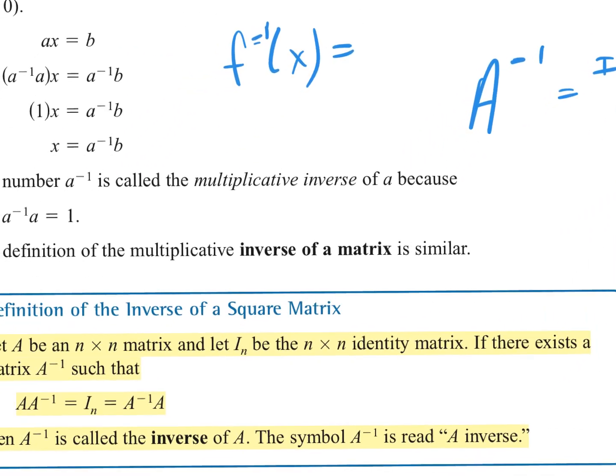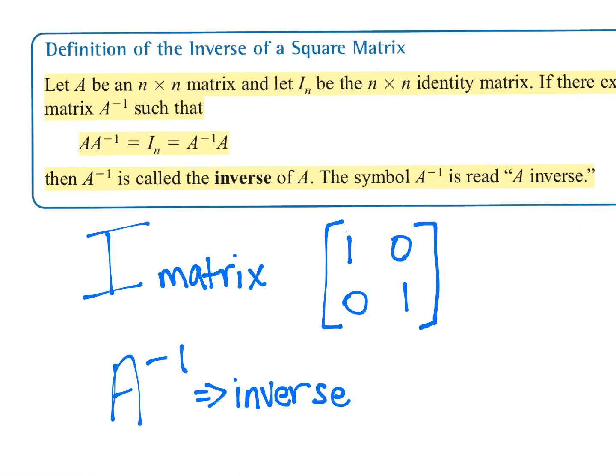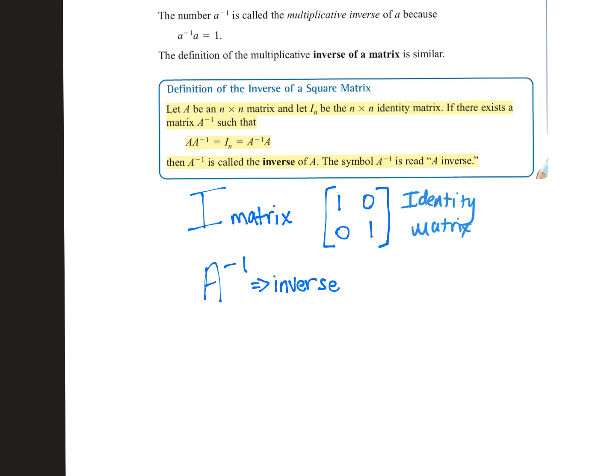Now, you're going to be asked to find inverses, and you're going to be asked to prove that things are inverses of each other. This is called the identity matrix. All right. When you are asked to prove if two matrices are inverses of each other, when you multiply them together, this is the result.